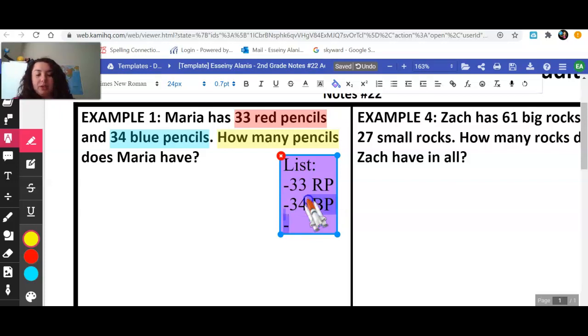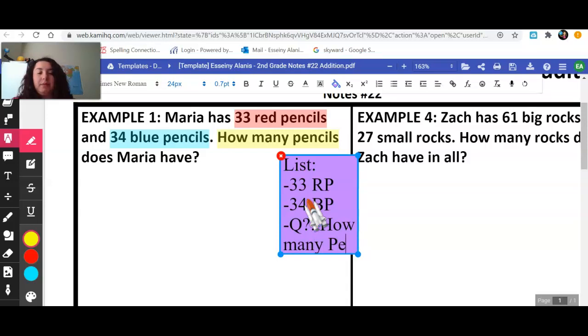And then my question, always, because without the question, I will not know what I'm doing. In order to be able to answer the problem, I have to know what they're asking me. How many P for pencils? I'm going to put how many P for pencils because the whole thing doesn't fit.